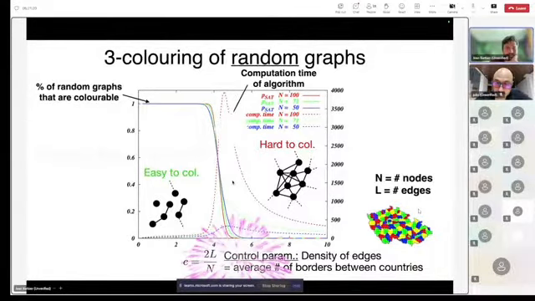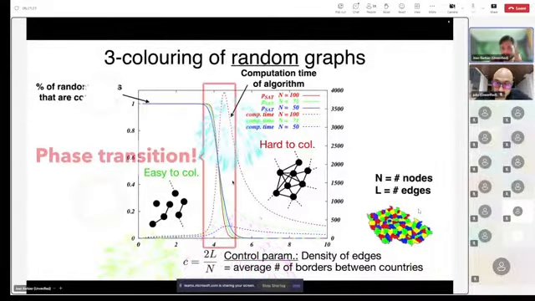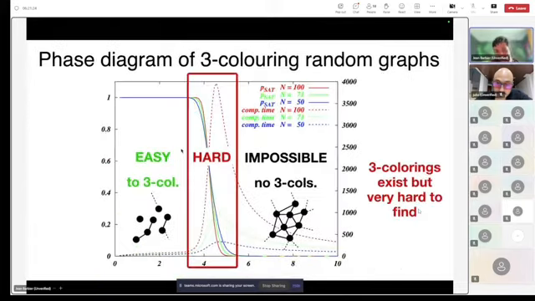So we're happy. This is really a phase transition. You recognize this phase diagram that we observed in the Spike-Wigner model, where we had a statistically impossible inference regime, a hard regime, and then an easy regime for inference. Here we have something similar.